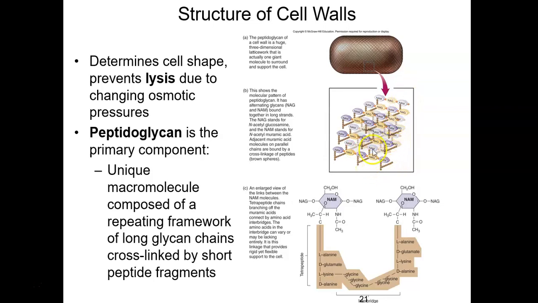You'll notice this one is 1, 2, 3, 4, 5 layers thick. So you can add as many different sheets to this cell wall. Remember that the gram-positives have this really thick cell wall. Gram-negatives have a much thinner cell wall.